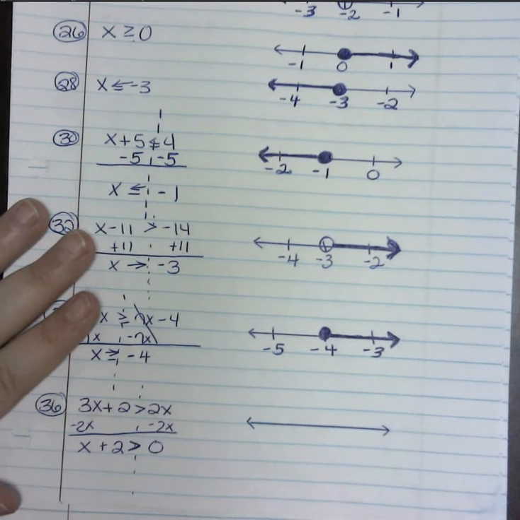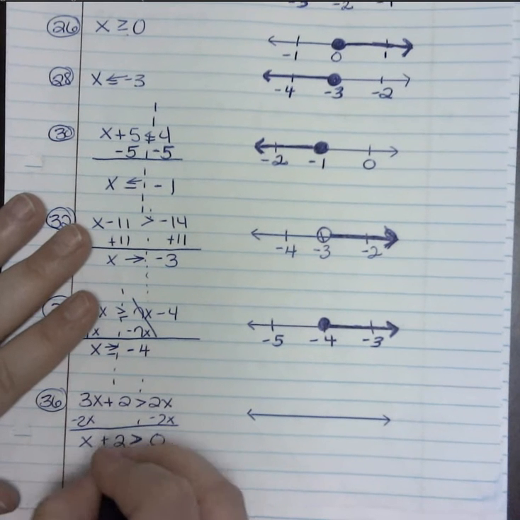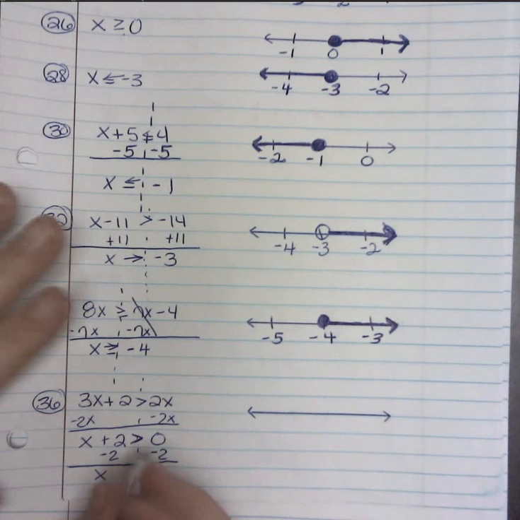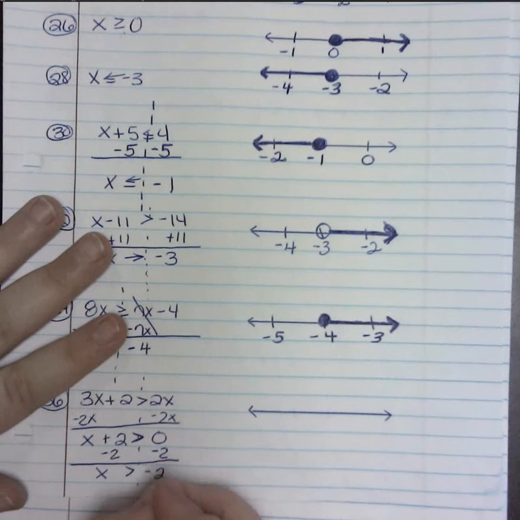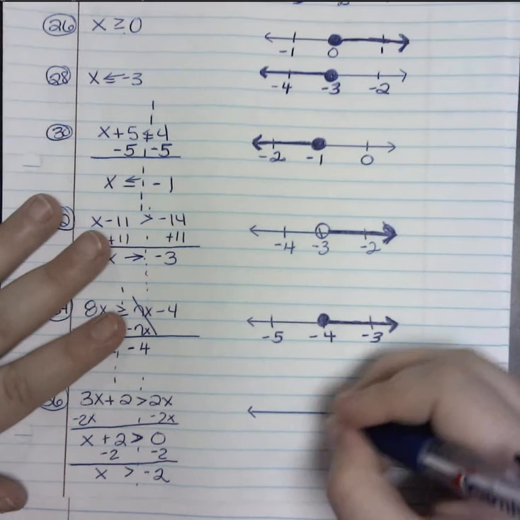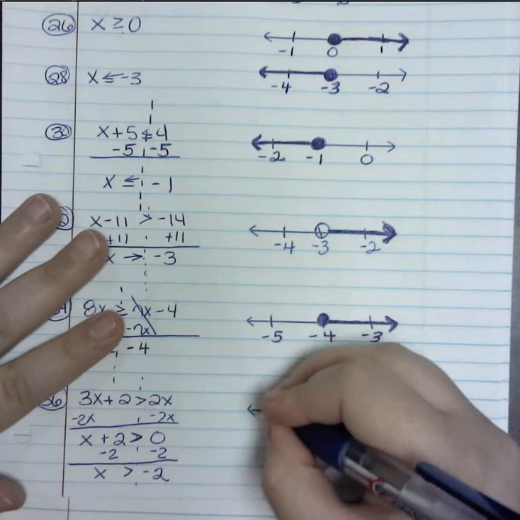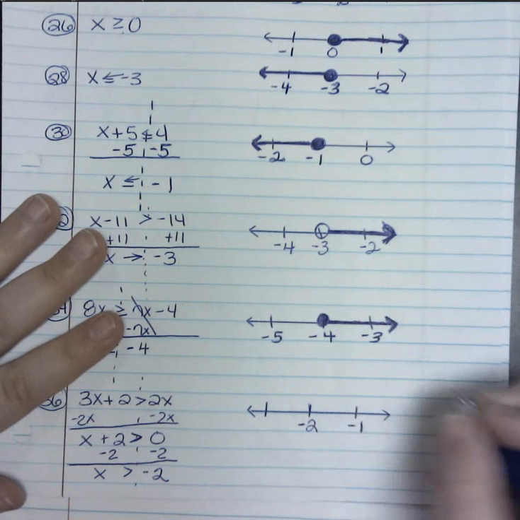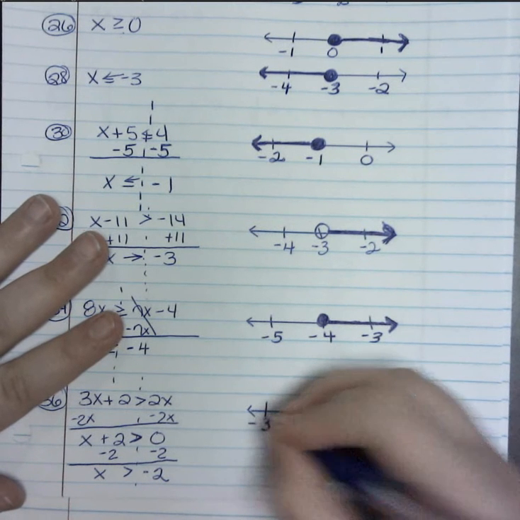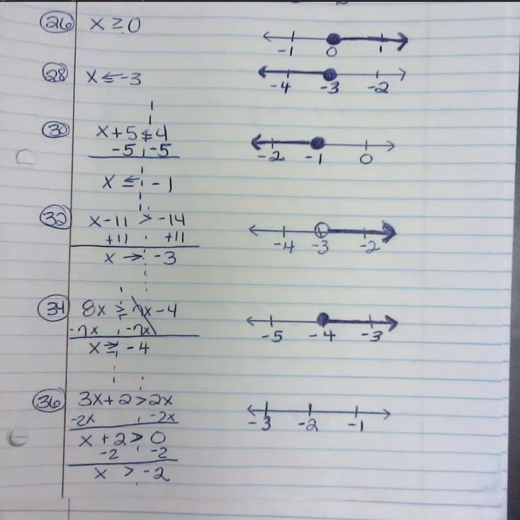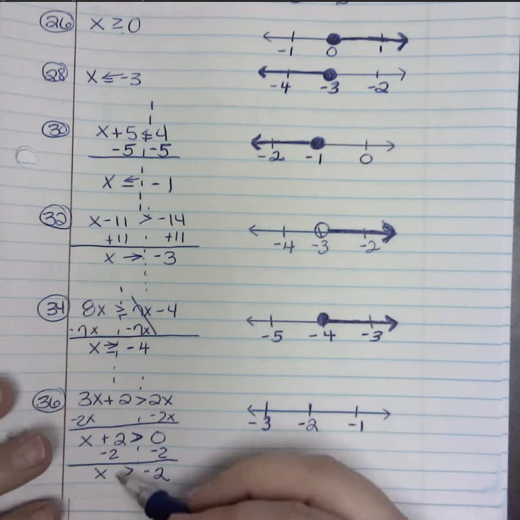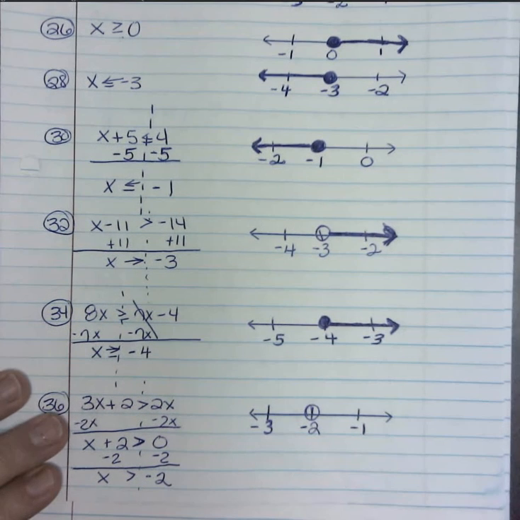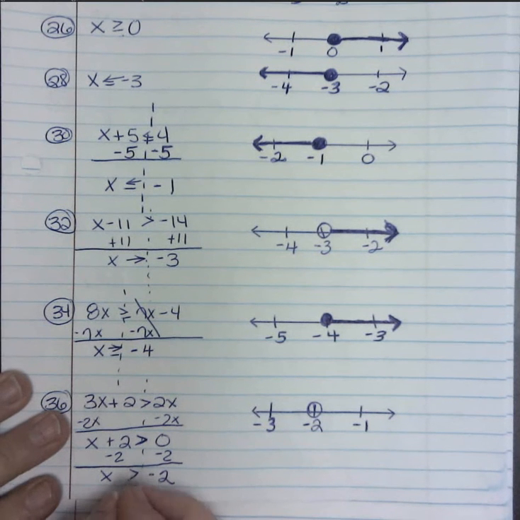And then to get x by itself, you're just going to subtract 2 from both sides to get x is greater than -2. So I'm going to put my -2 in the middle, -1 to the right, and my -3 to the left. And if I use my greater than symbol, I'm going to have an open circle, and it's going to shade to the right.